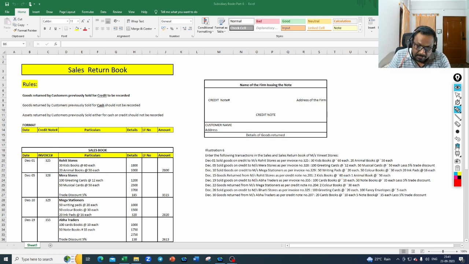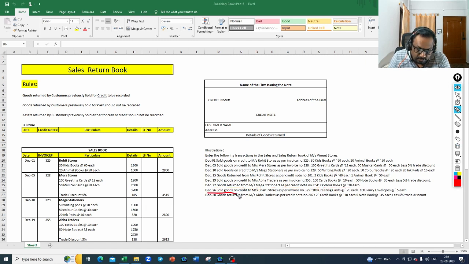So the credit note number is given, and whatever products we got returned from customers, that has been given. Next, sold goods to Messrs Abha Traders as per invoice number 355, 100 card books, 10 rupees each, 50 notebooks at 35 rupees each, less trade discount of 5%. That also they have given. Right? Next, goods returned from Messrs Mega Stationers as per credit note number 204, 2 color books of 30 rupees each. This also they have given.